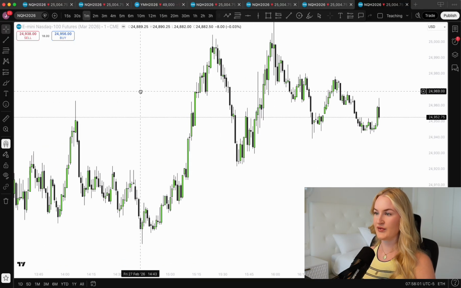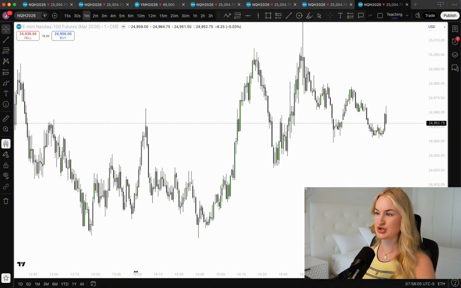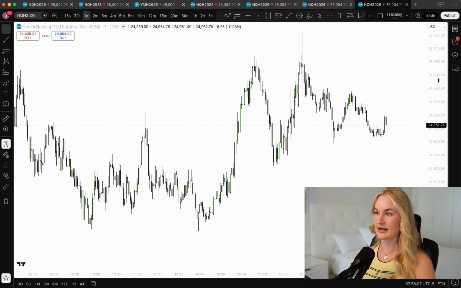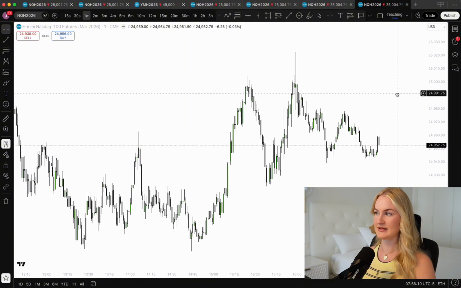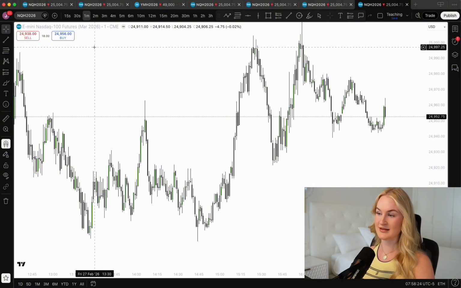So I have a clean chart here because I really want to show you what I mean with these key levels and how to draw them in the chart, because I always have my templates here in the top, and in the first template I always have the 1 minute chart with exactly these levels drawn out.